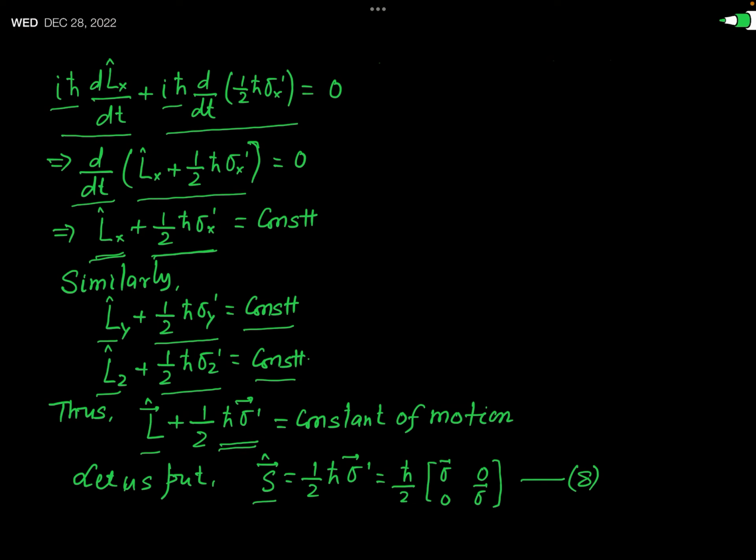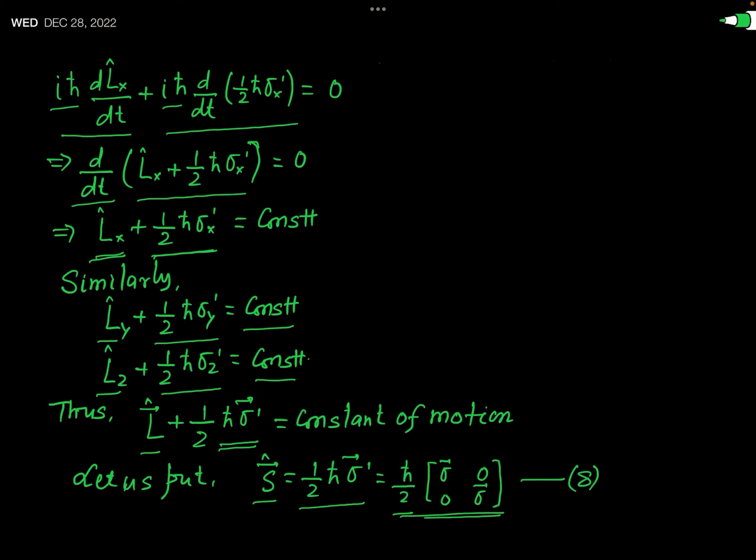And so Sˆ is defined like this: 1/2 ħ σ dashed, so this is ħ/2, and you have defined this matrix σ dashed by the matrix σ 0, 0 σ. So if we define this matrix σ dashed in this manner, then S will be equal to ħ/2 times the matrix σ 0, 0 σ.